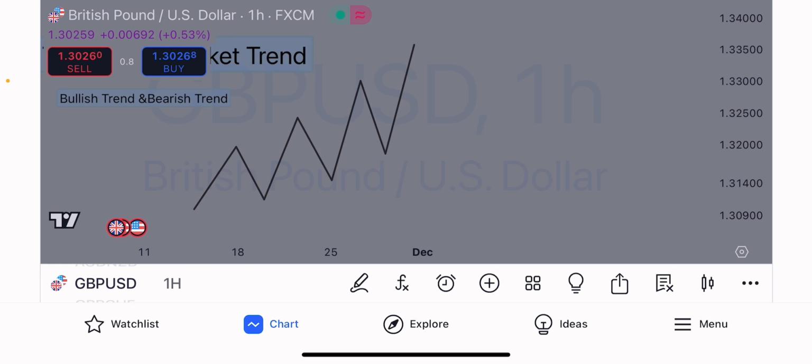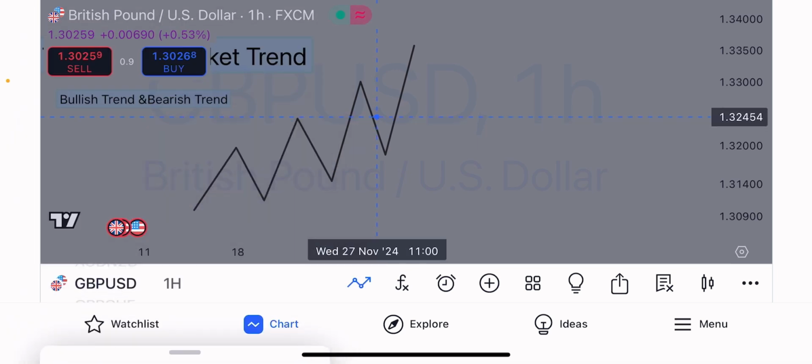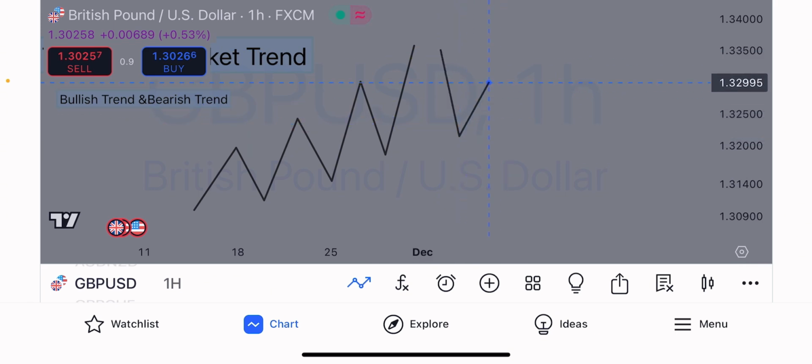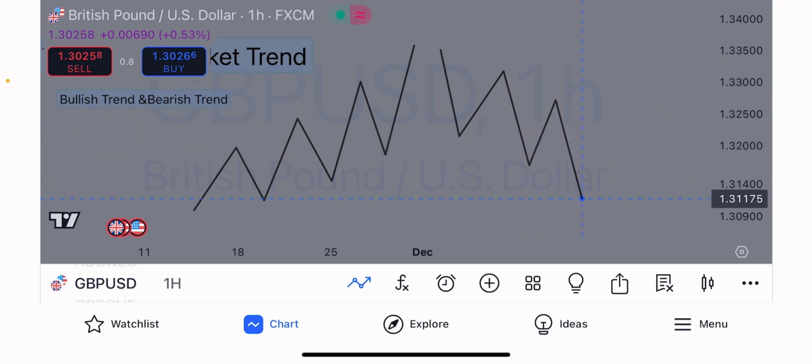Then for a bearish market, you want to see a series of lower highs, lower lows: lower low here, lower high, lower low, lower high, lower low, lower high, and lower low.